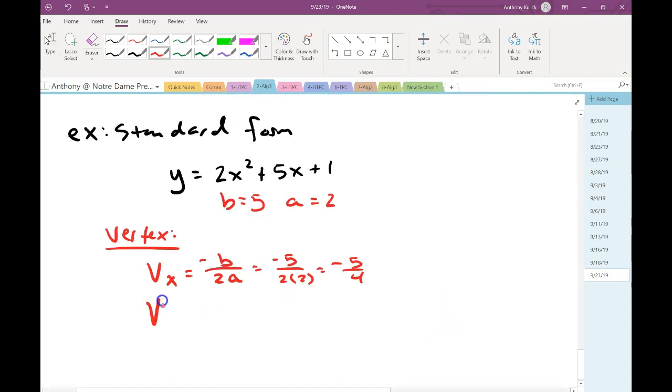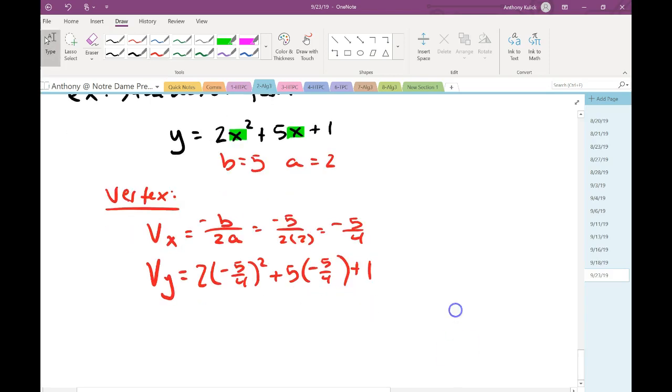To find the y-coordinate now, I'm going to plug that value for x back into the original function. So now I'm just going to simplify.